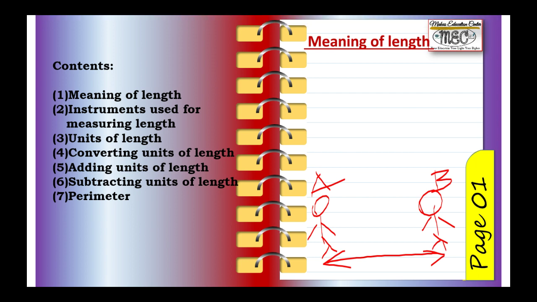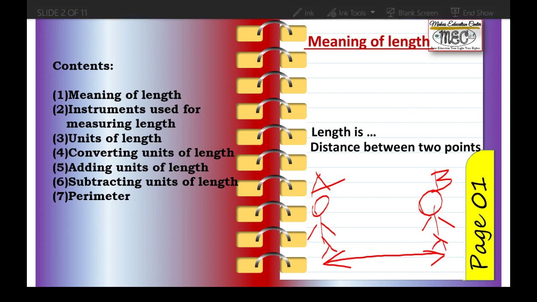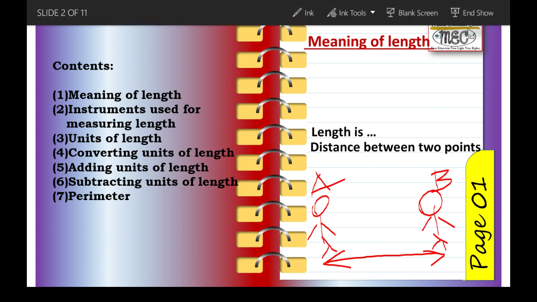In other words, the length is the distance between 2 points, point A and point B. If we don't use these examples of houses, these examples of people, the distance between one point and another point is what you call the length.